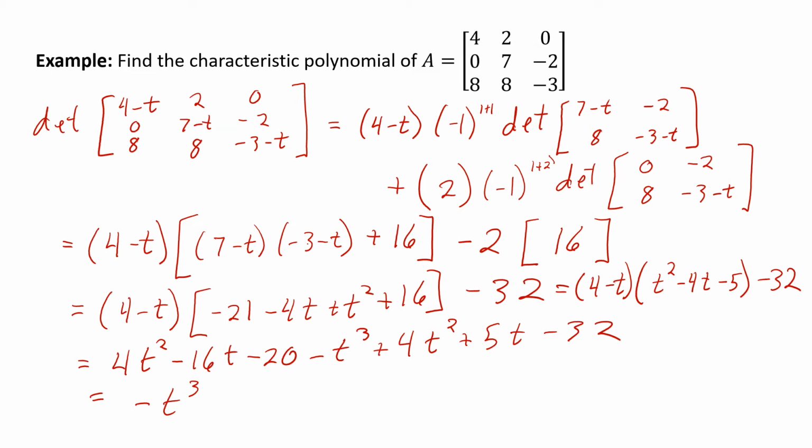We have 4t squared plus 4t squared, which is 8t squared. For the t's, we have minus 16t and 5t, so that becomes minus 11t. And then minus 20 minus 32 is minus 52. So unless I did some of the algebra wrong here, that is our characteristic polynomial.